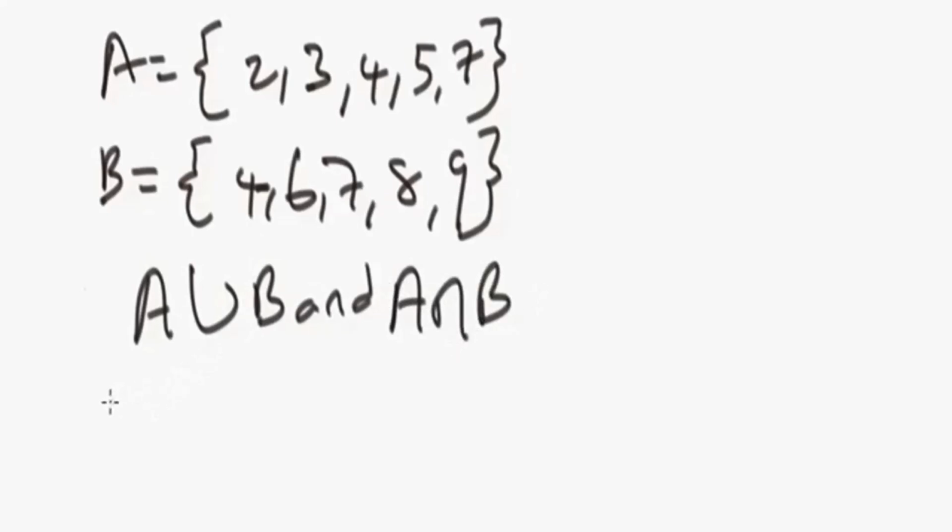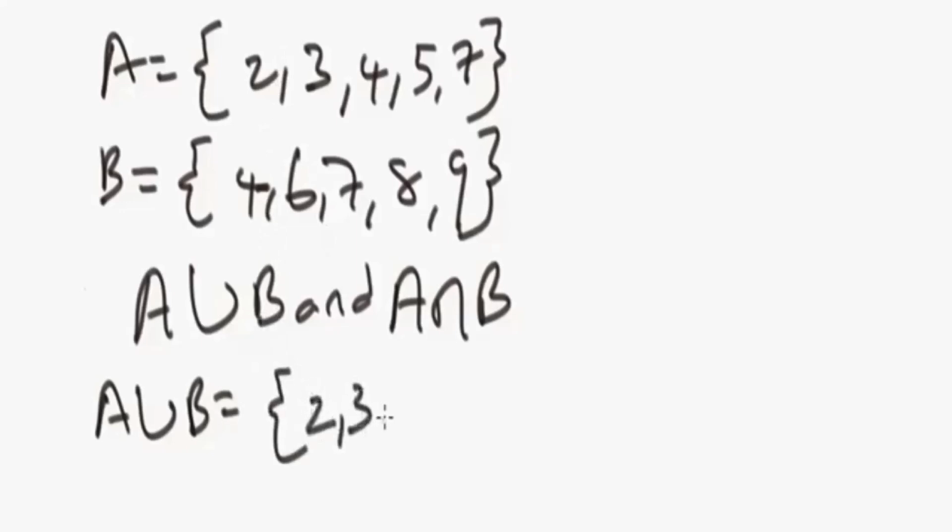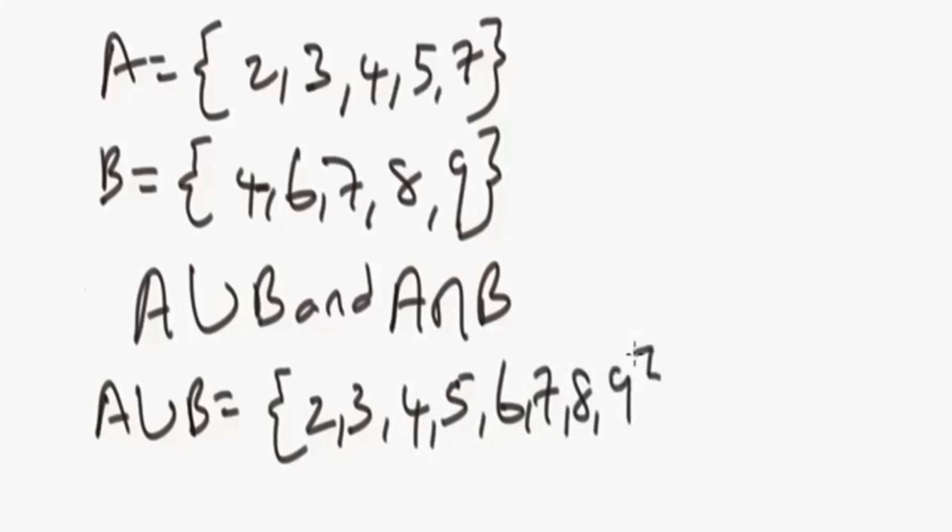Okay, so let's do it together. Our A union B will be all the elements in both set A and set B, arranged in ascending order. So we have 2, 3, 4, 5, 6, 7, 8, and 9.